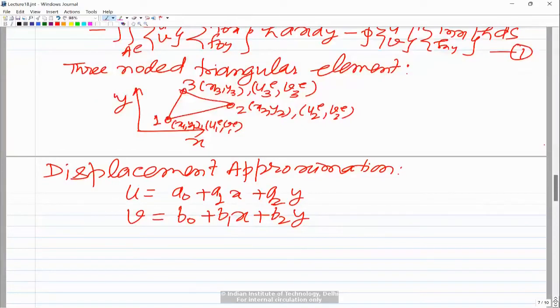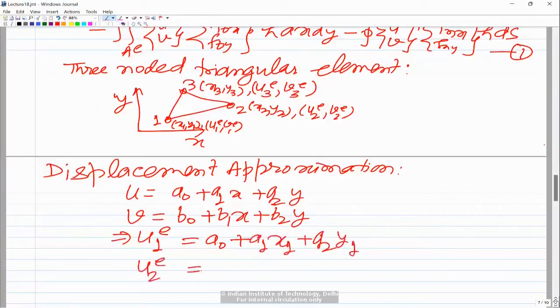Next, we want to express the constants a0, a1, a2, b0, b1, b2 in terms of values of u and v at nodes 1, 2, and 3. At node 1, u is equal to u1e, which is a0 plus a1x1 plus a2y1, where the x coordinate is x1 and the y coordinate is y1. Similarly, u is equal to u2e at node 2, where x and y are x2 and y2.